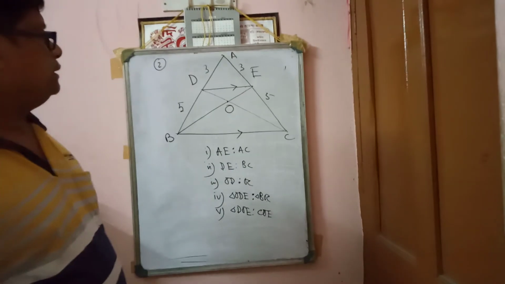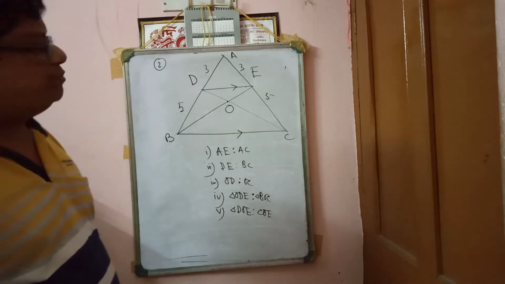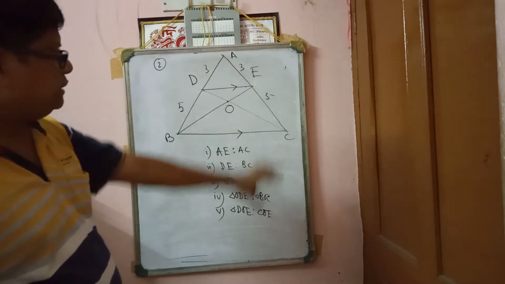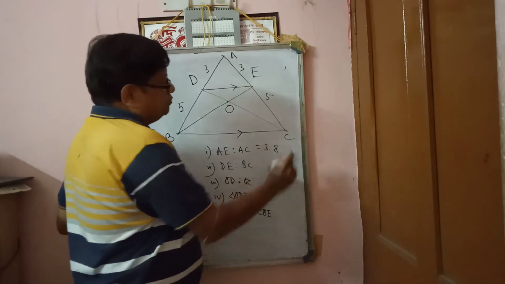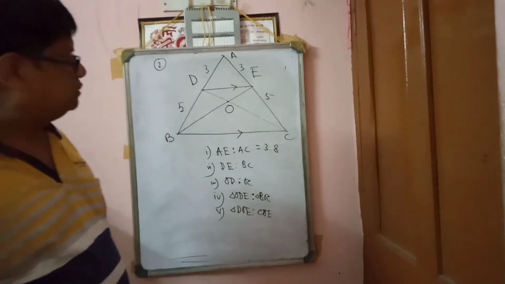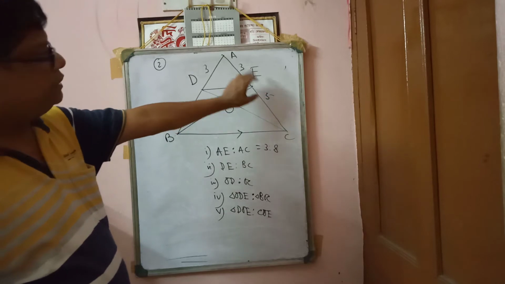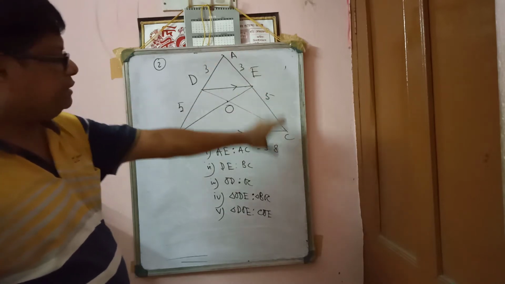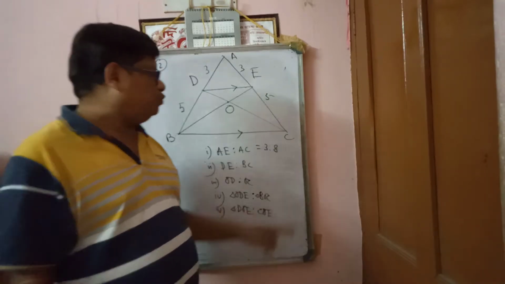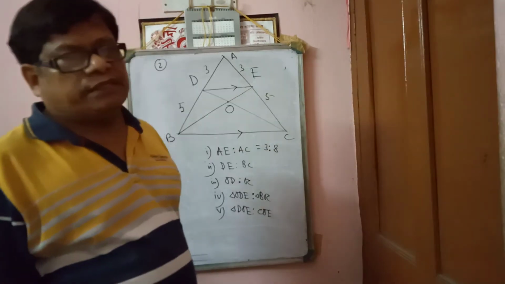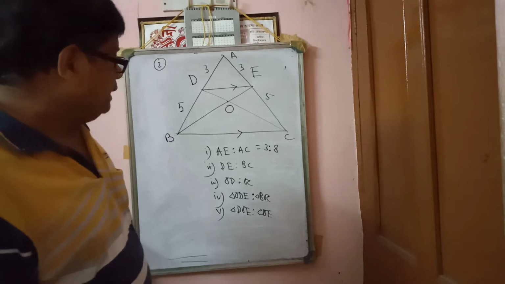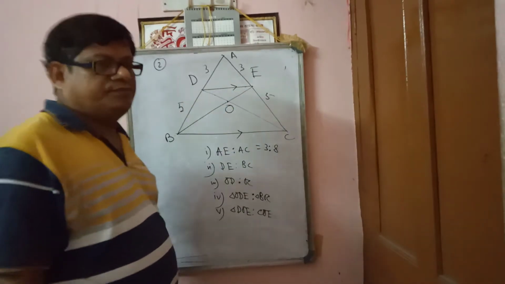Then AE is to AC is 3:8, since 3 plus 5 is 8. So AE is to AC is 3:8. And DE is to BC.